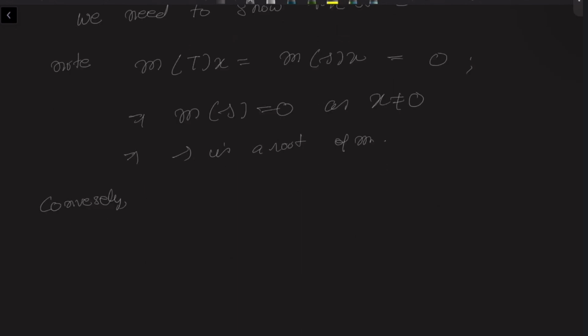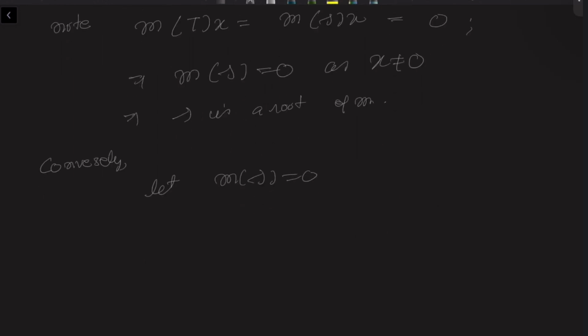Conversely, let m of lambda equals 0. That is, I am assuming that lambda is a root of the minimal polynomial. Now I will show that it is also a root of the characteristic polynomial, that is, p of lambda also equals 0.